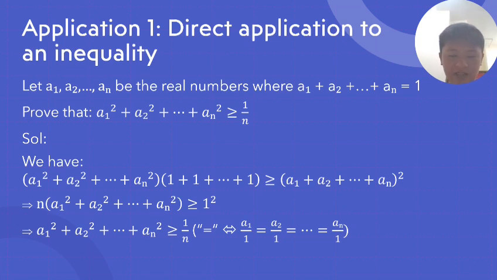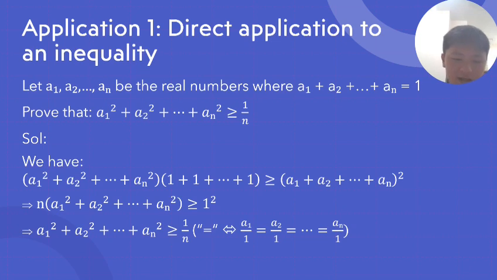So it is larger than, the first term is a1, because it is the square root of a1 squared multiplied by 1, so it's a1. The second term will be the square root of a2 squared multiplied by 1, which is a2, and just go on until an. So it will be larger or equal to (a1 plus a2 plus dot dot dot plus an) totally squared.